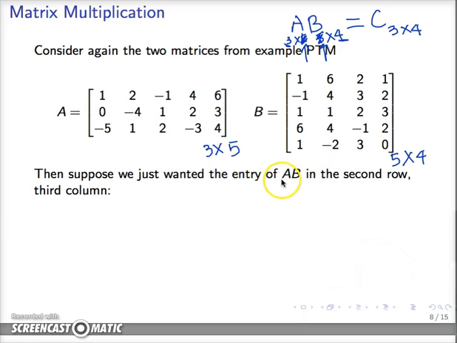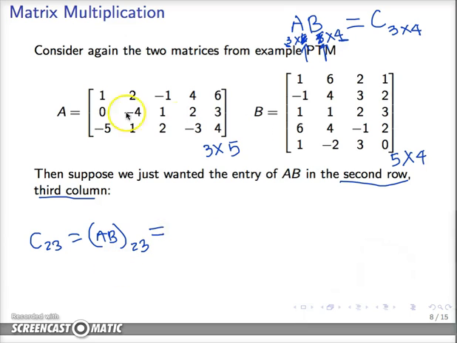And let's suppose that we're looking at row 2, column 3. So let's say that we're referring to C 2, 3, also the matrix product AB, row 2, column 3.